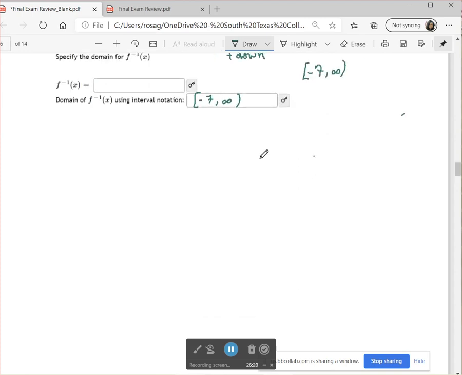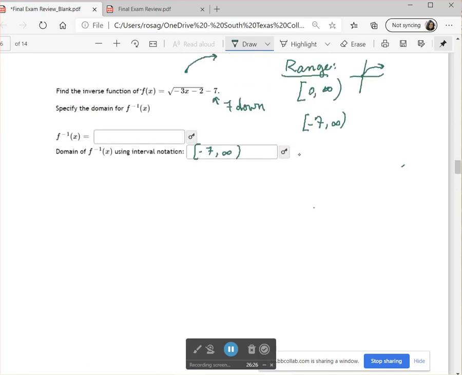Now, when I find the inverse, I am going to get this function. The first thing is to change the f of x to a y. Once you have done that, then you interchange the x's and the y's. So my x's become y's and my y's become x's.